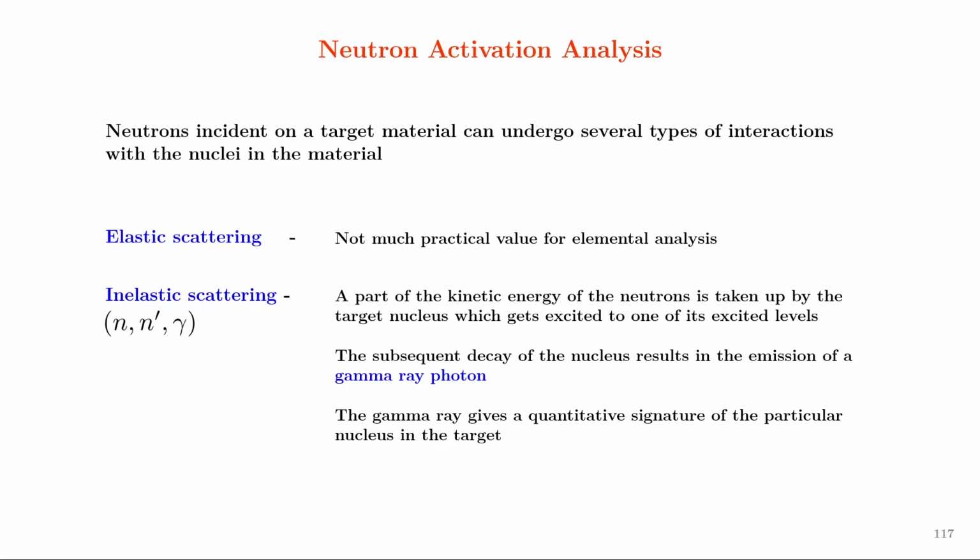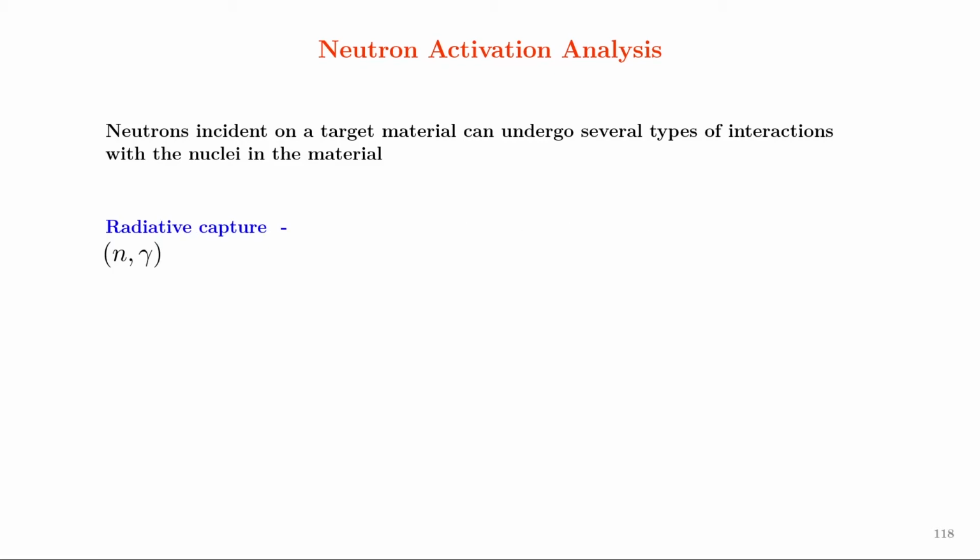In addition to scattering, a variety of nuclear reactions can take place. Thermal neutrons interact with nuclei predominantly via the radiative capture process, which is designated as N-gamma. Radiative capture is possible with almost all stable nuclei. However, the reaction cross-section varies widely from isotope to isotope.